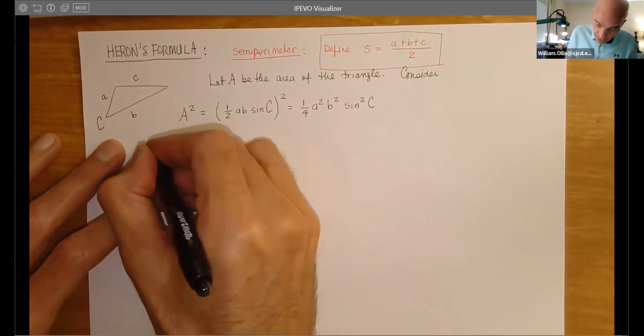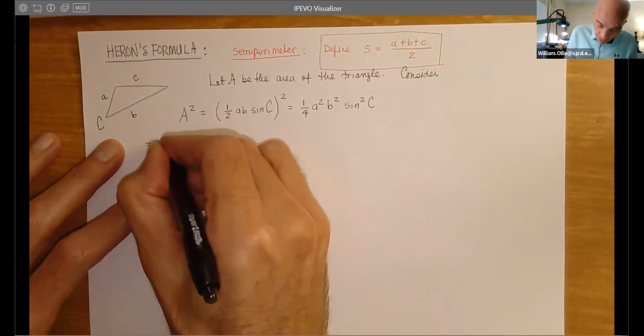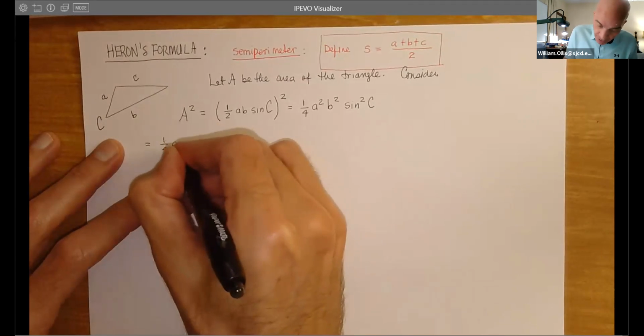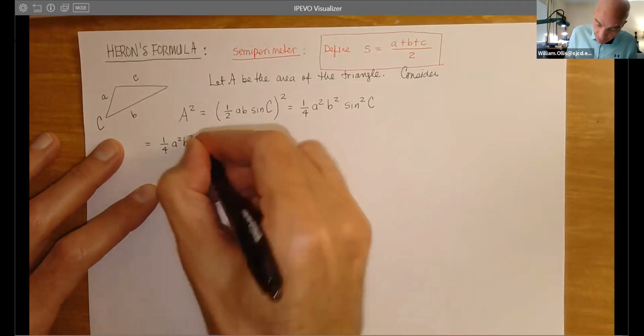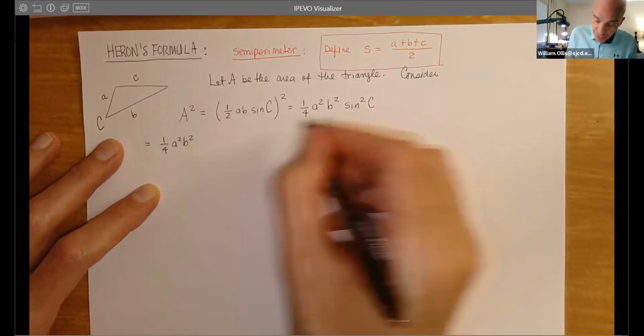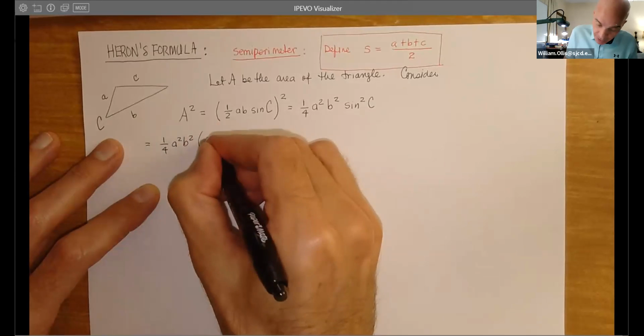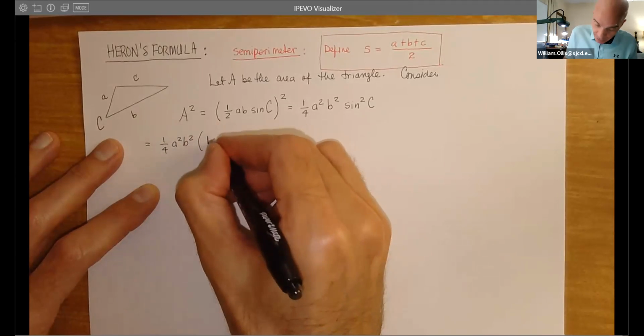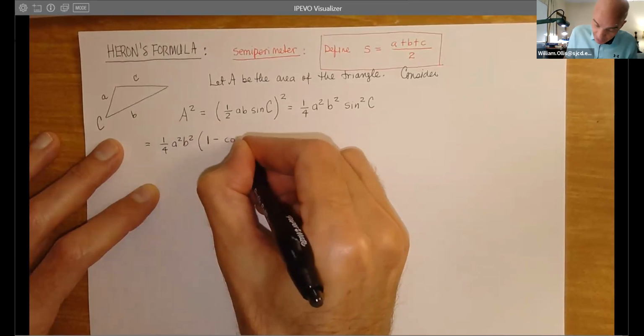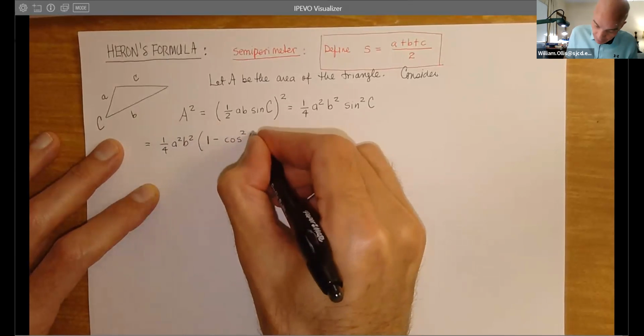So what does this give us? This will be 1/4 a squared b squared, and then we'll replace the square of sine C with 1 minus the square of cosine C using the fundamental identity right here.